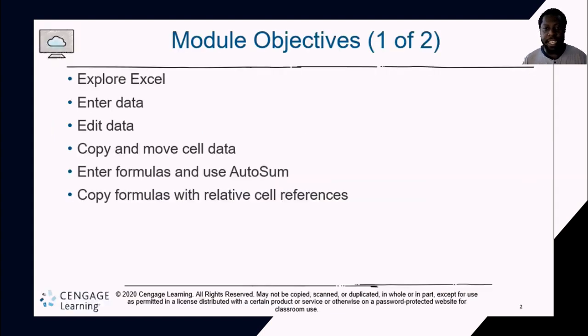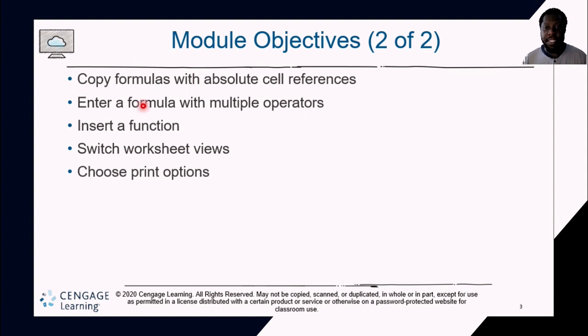We're going to try and cover topics such as exploring the Excel environment, entering data, editing data, copying and moving cell data, entering formulas using AutoSum, copying formulas with relative cell references, one part I'm particularly interested in.